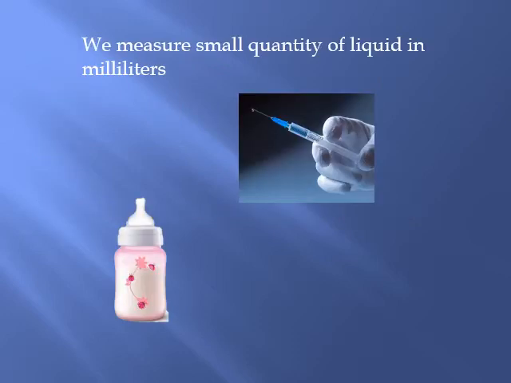We measure small quantities of liquid in milliliters. For example, the dose of medicine to be given as an injection to a patient, like 1 ml, 2 ml, 5 ml, 10 ml. Milk to be given to an infant in a feeding bottle, like 100 ml, 200 ml, 250 ml.